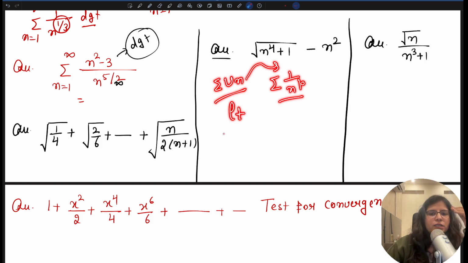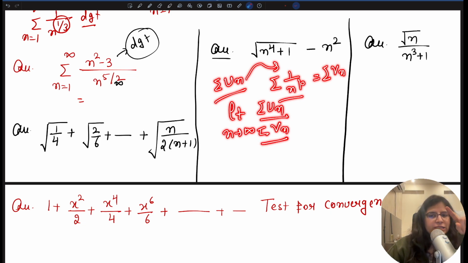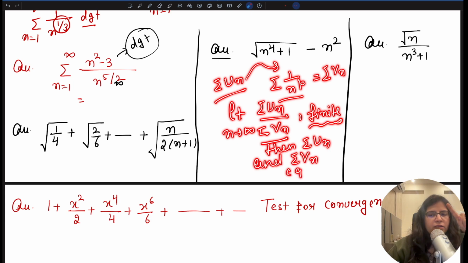If the limit n tends to infinity of summation un by, let's suppose I define it as, summation vn, if I take this ratio and it comes out to be finite, then my series summation un and summation vn converge and diverge together.